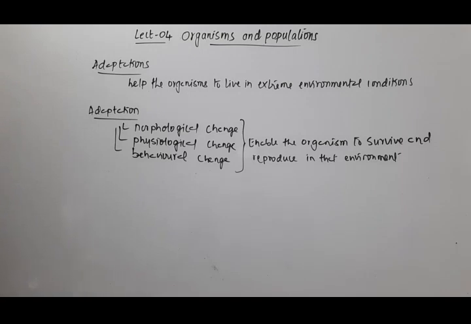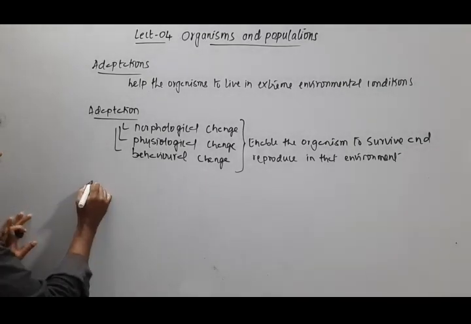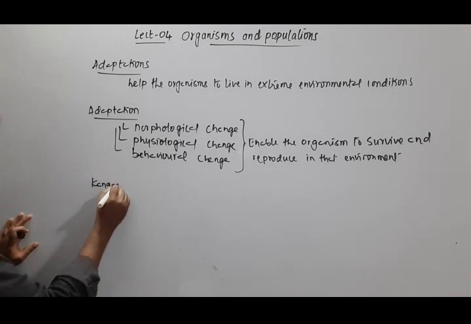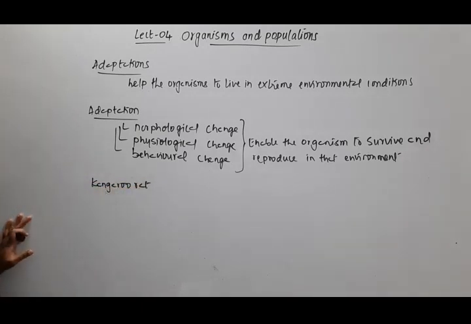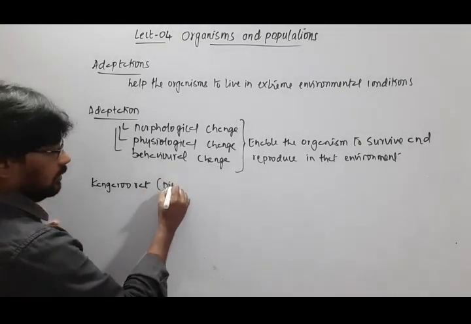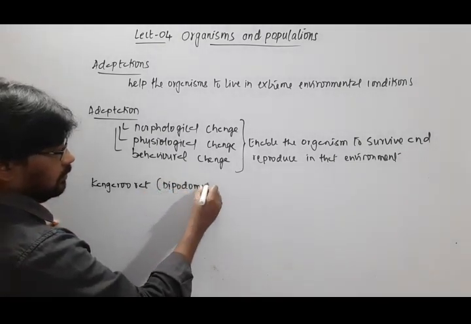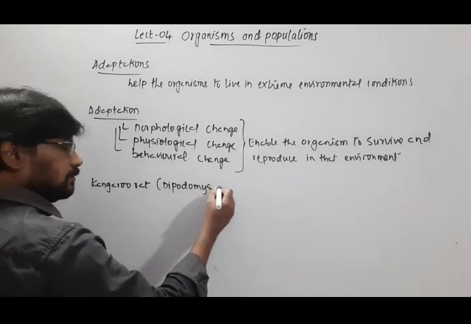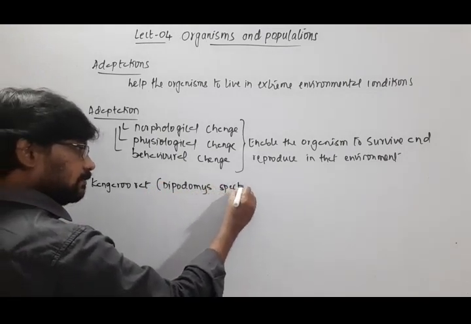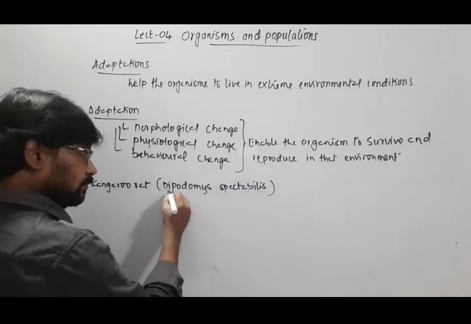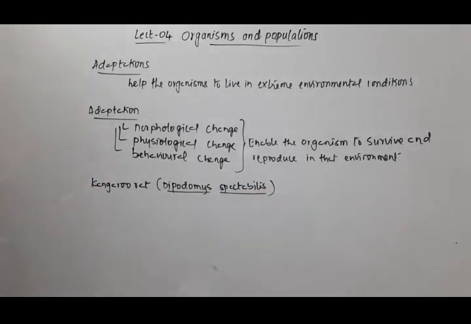So now let's look at various adaptations in organisms. So first one, let's look at in case of the animal called kangaroo rat. Okay, so this kangaroo rat, its scientific name is Dipodomys spectabilis.